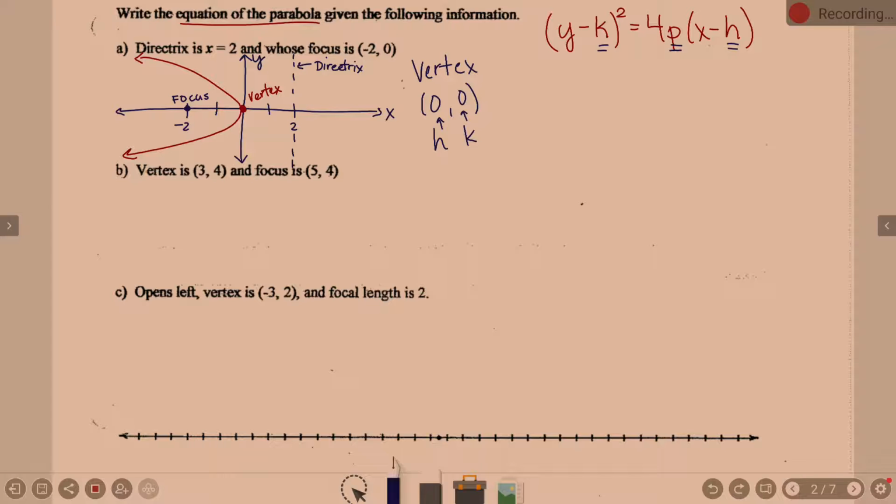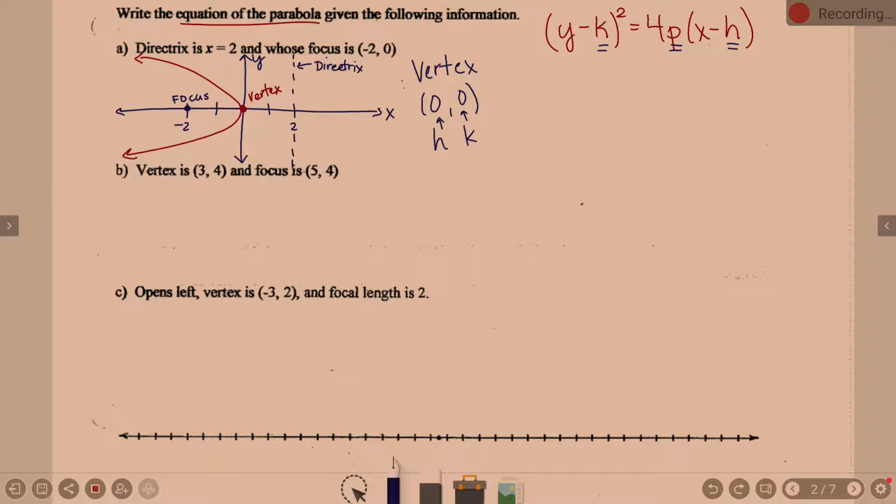Compare left to opening down, and that's going to be negative. So to the right is going to be positive, to the left is going to be negative. So if you just look at the picture, you just have to realize, oh, it's going left, negative. Okay, so my P is going to be negative 2.